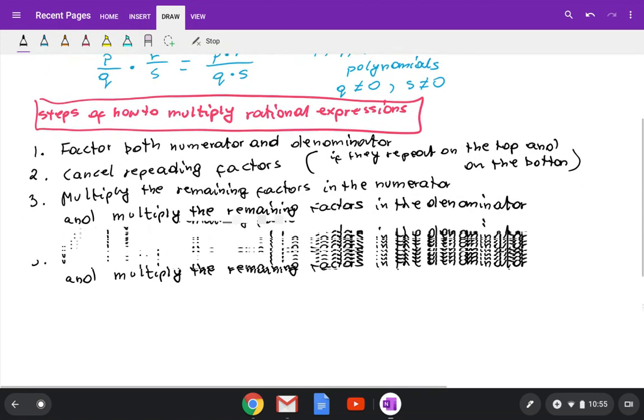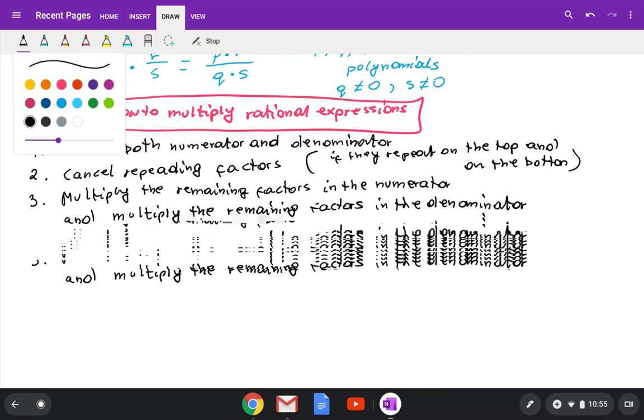Okay, so 3 steps. So let's start with the examples.